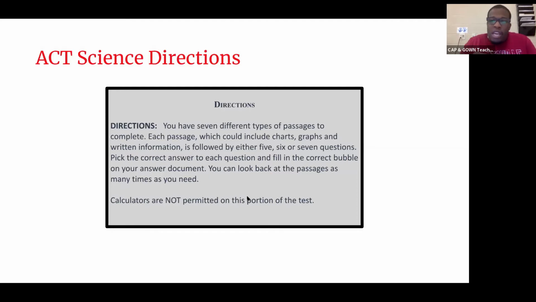So with any section on the ACT, make yourself familiar with the directions before you get there. I know that's contrary to what we always teach as teachers. We always say, read the instructions. But in terms of the ACT, you need to know the instructions for each section before you get to it, so you don't waste your time reading them.